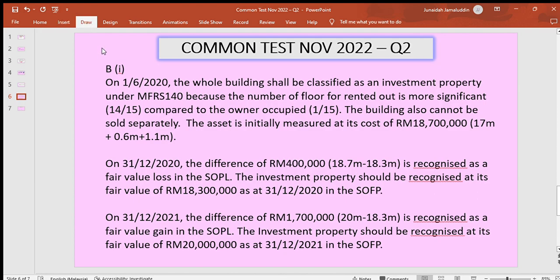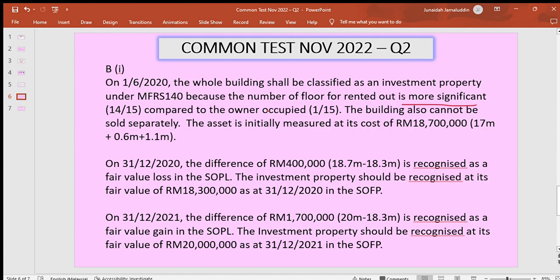Let me use the pen here, the red color pen. The number of floors that were rented out is more significant, which is 14/15 floors compared to the owner occupied only 1/15 floors. So as I mentioned just now, the portion that is occupied by owner is insignificant.